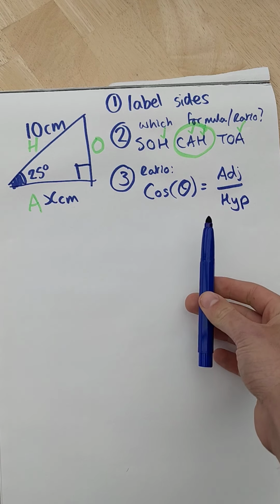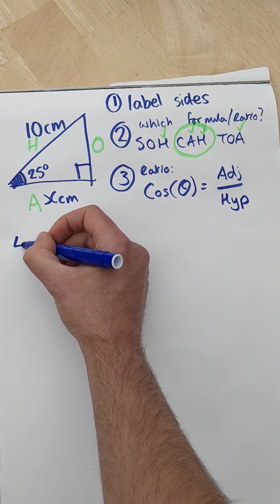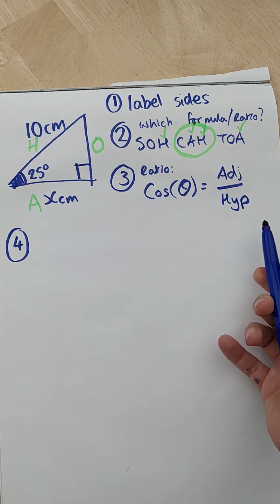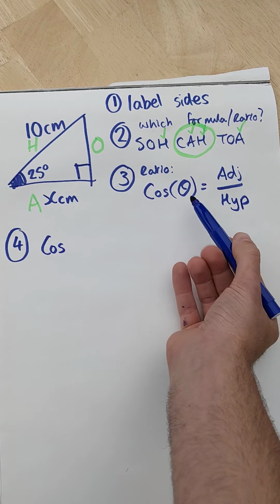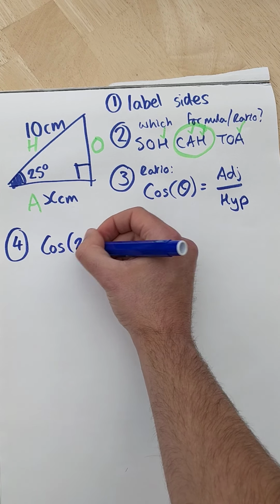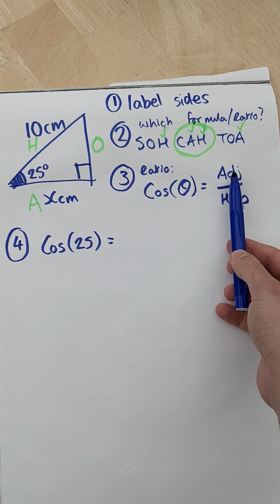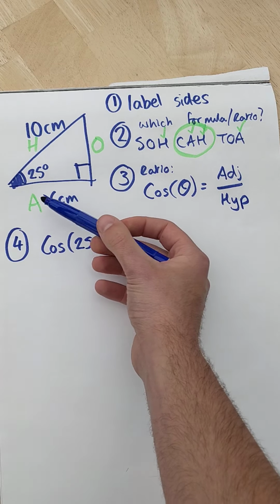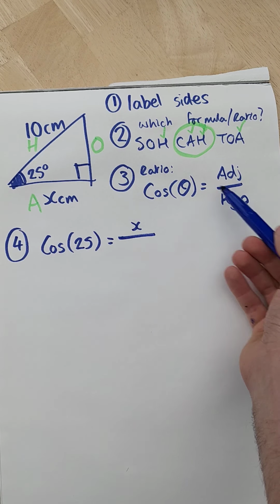For step 4, after I've written that down, I now need to use that formula to help me. So the angle that I'm using here is 25. Cos of 25 is equal to my adjacent over my hypotenuse. Now I don't know my adjacent, that's x, and my hypotenuse is 10.